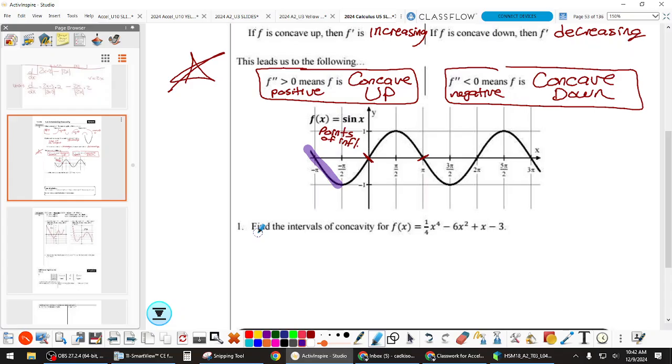So we can get it. True, I like to think of it that way too, like velocity and acceleration. It's slowing down, going negative, because look, it's steep and then it starts curving. Yeah, I see what you're saying.